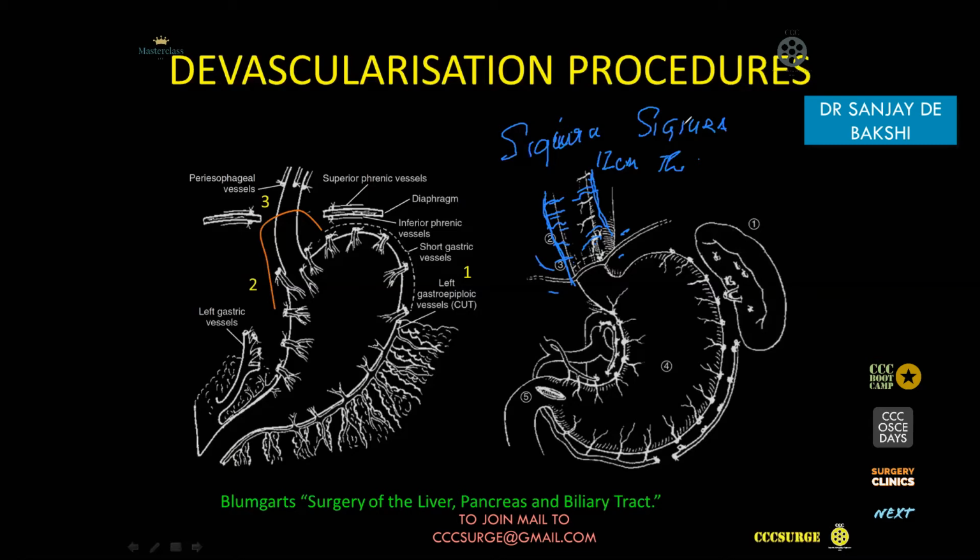Stage 3 was, he did an esophageal transection. Now, the way he did that esophageal transection and the way we do it nowadays is completely different. What he did was, if that's the esophagus, he opened up the esophagus with a horizontal incision. I'm going to wipe that off before we go in. And what he then did was he actually cut the mucosa.